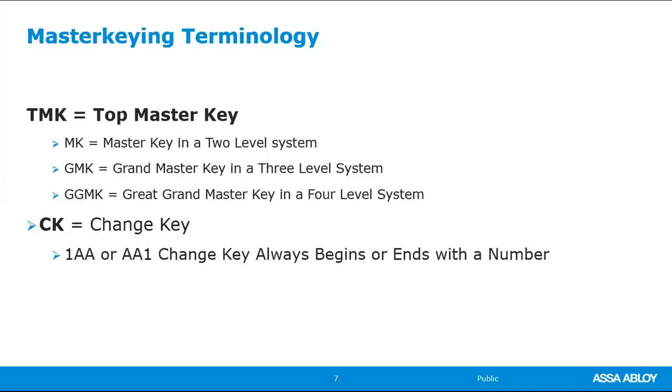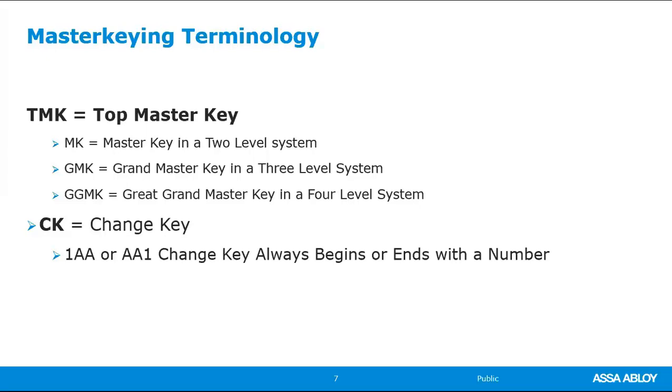And one thing about a change key, and this is very important to remember, a change key always begins with a number in the case of a 2-level system, or if it's a 3-level system or higher, it ends in a number. Does not matter what the letters are.